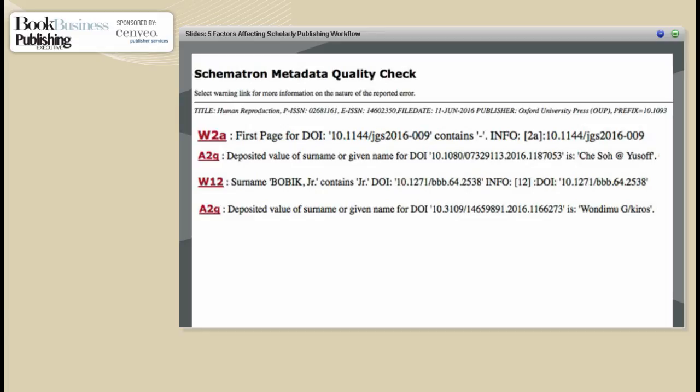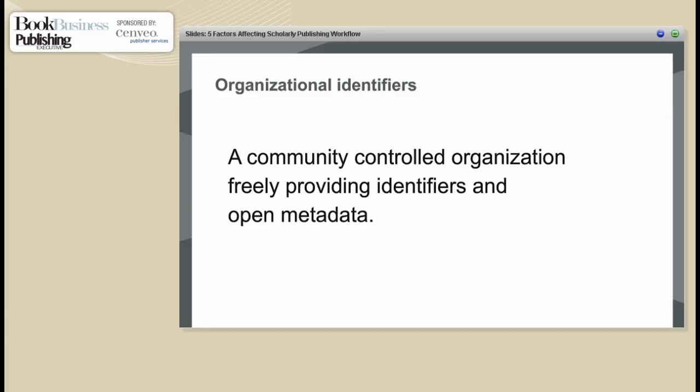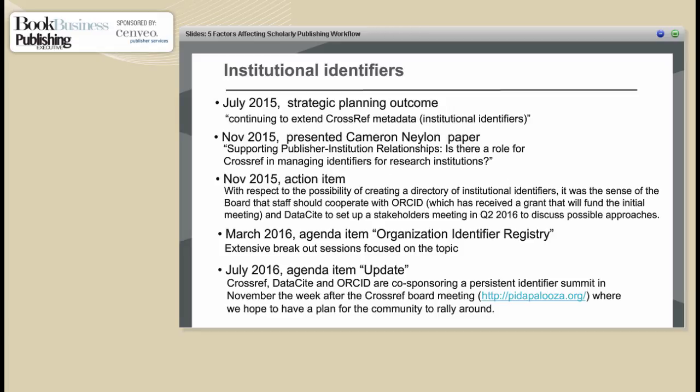Organizational identifiers: we have essentially recognized, through a lot of talk from the community, that an open organization for organizational identifiers is still needed by the community. And so Crossref has had a lot of internal discussion about institutional identifiers, organizational identifiers.